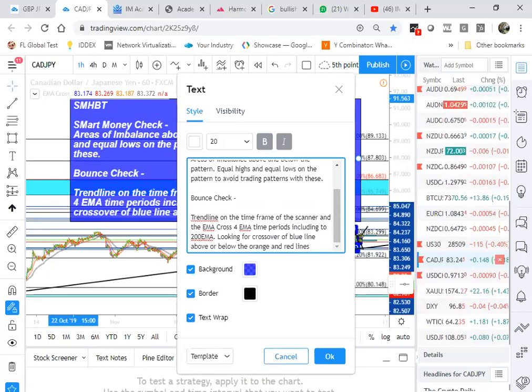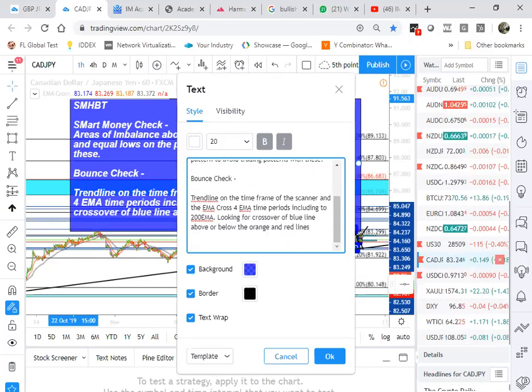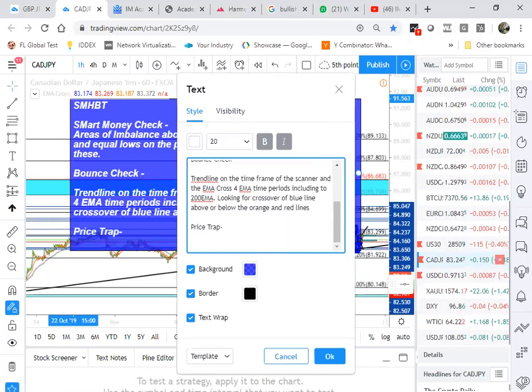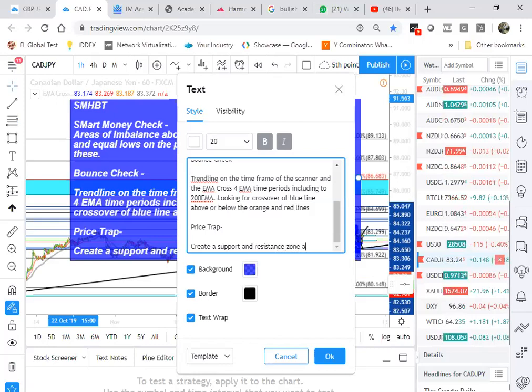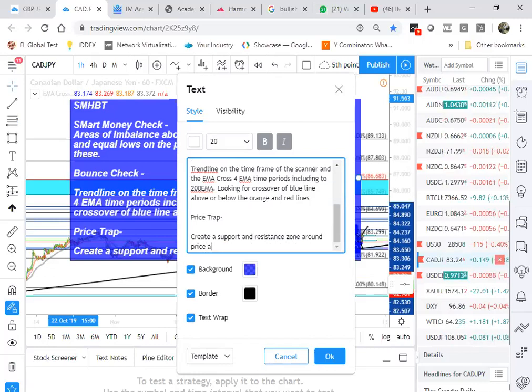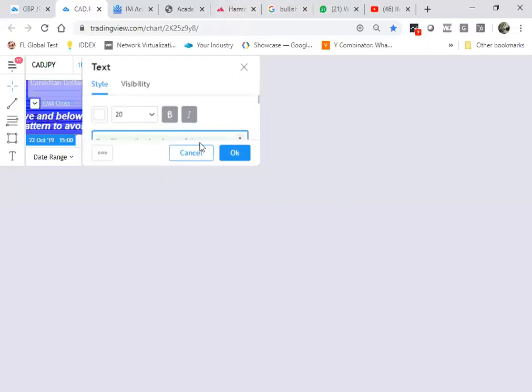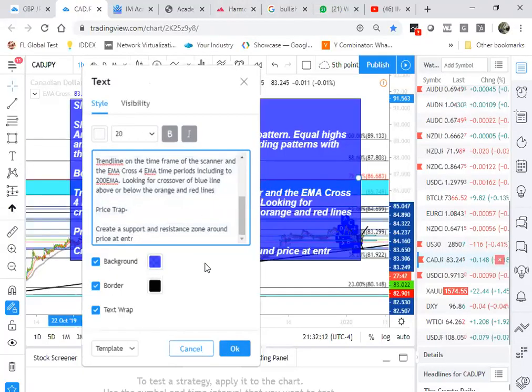And the last check we have is the price trap, originally from Christopher Derrick. Create a support and resistance zone around price at entry.